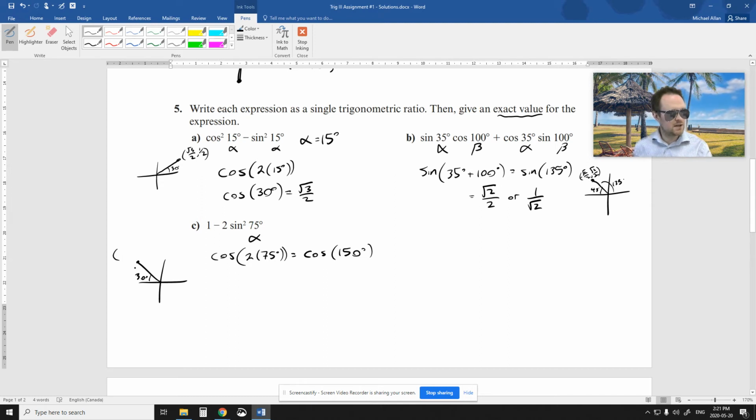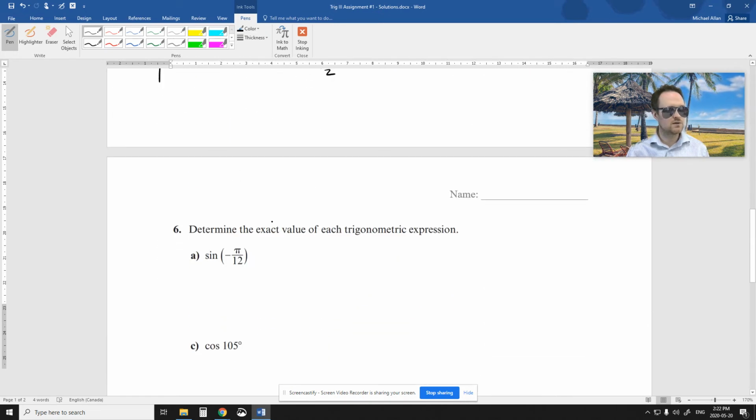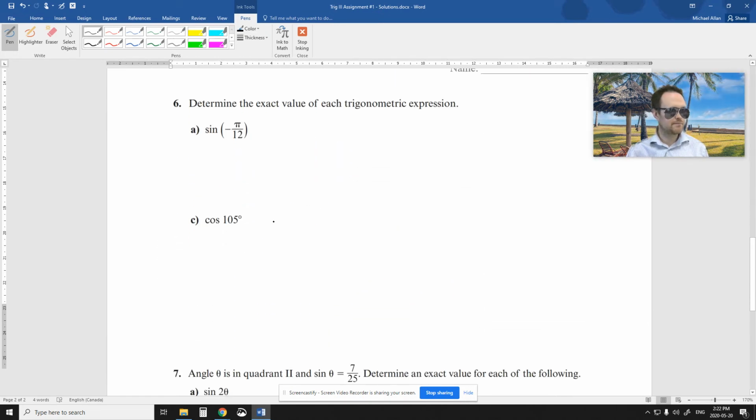This up here, because the reference angle is 30, my y value is a half. My x value is root 3 over 2, but negative root 3 over 2. So this is actually a negative root 3 over 2, because that's the x value. So all this stuff is just from the unit circle, right? So I'm trying to avoid using calculator as much as possible there.